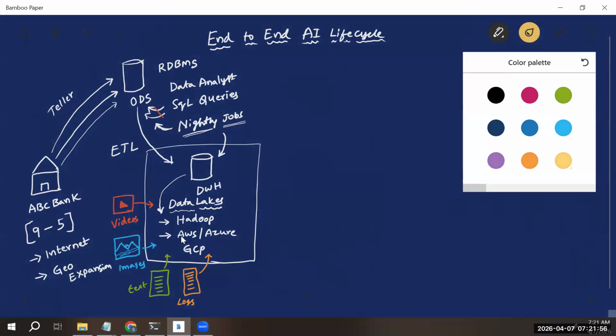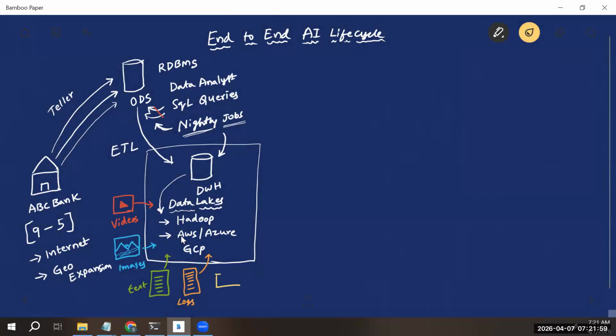You can store some sensor information, so IoT data, sensor data, things like that.